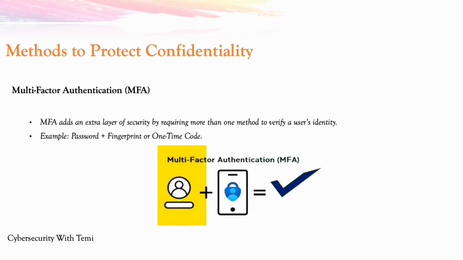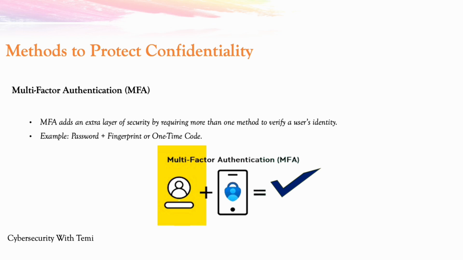Multi-factor authentication adds an extra layer of security. So instead of just using a password, multi-factor authentication requires you to provide at least 2 pieces of evidence to verify your identity. For example, when you log into your email account using your password, that is the first factor. Then you might also need to enter a code sent to your phone, that is the second factor.